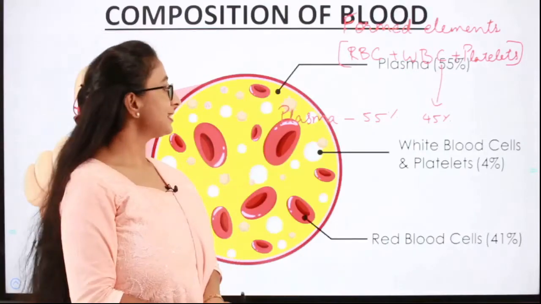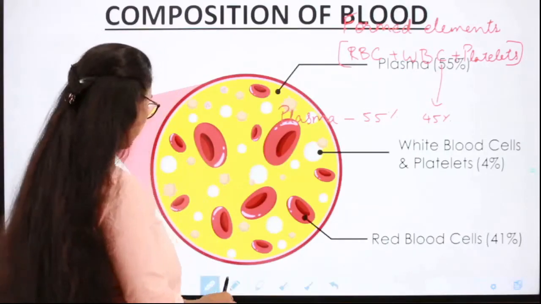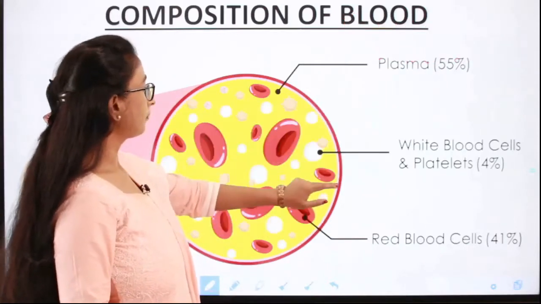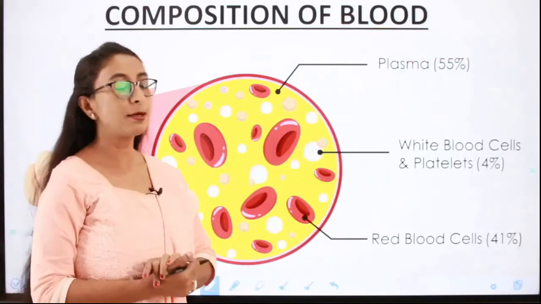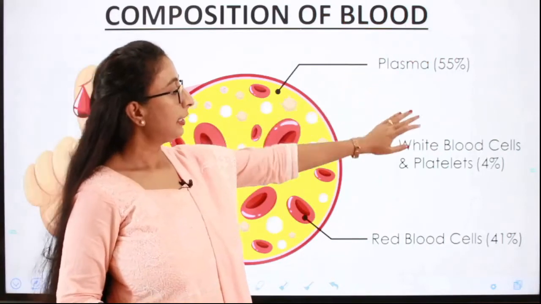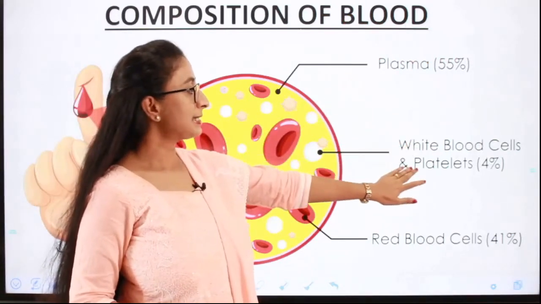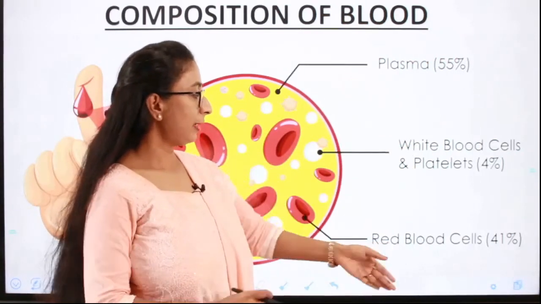So what is blood composed of? As I told you, blood is composed of plasma and the cells like white blood cells, platelets and red blood cells.